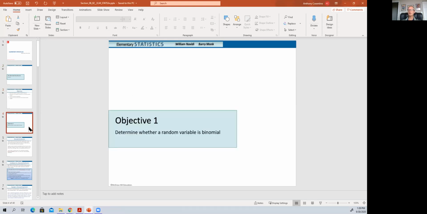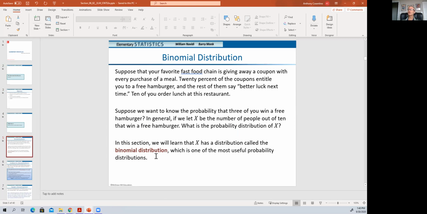So first we want to introduce what we mean by a binomial distribution and the random variables associated with it. And I have to admit, the book does a good job in this section. So take a look at the book if you need a little bit more information. But this is a really good example. Suppose that your favorite fast food chain is giving away a coupon with every purchase of a meal.